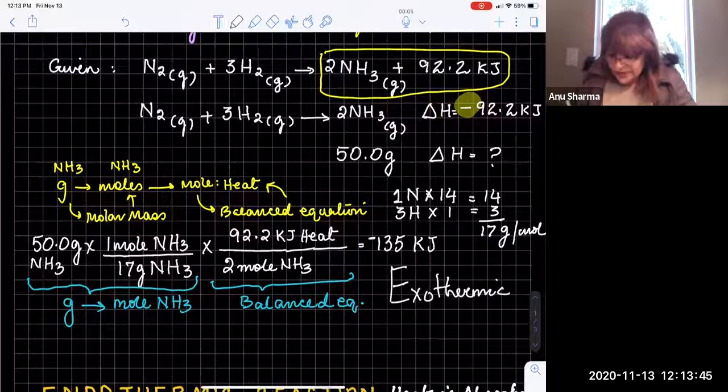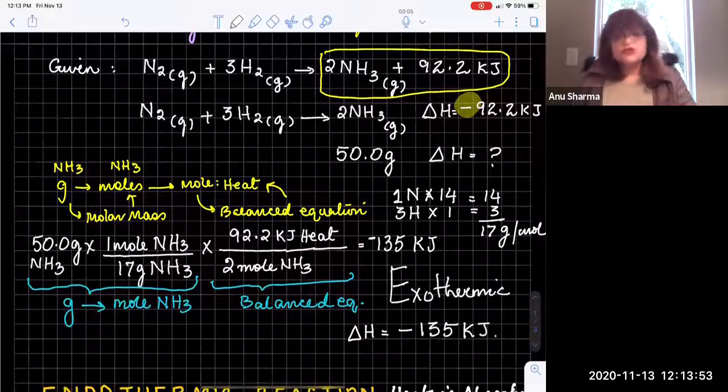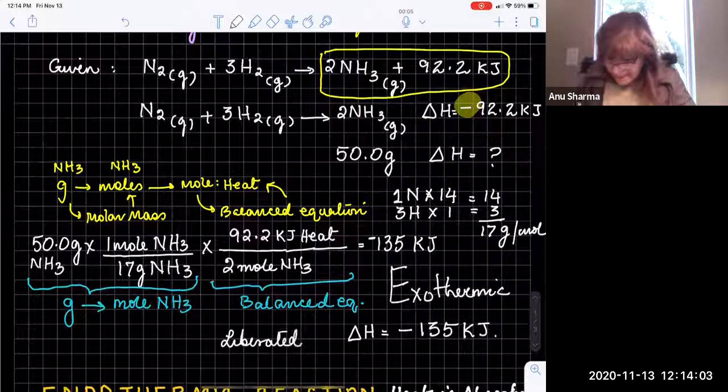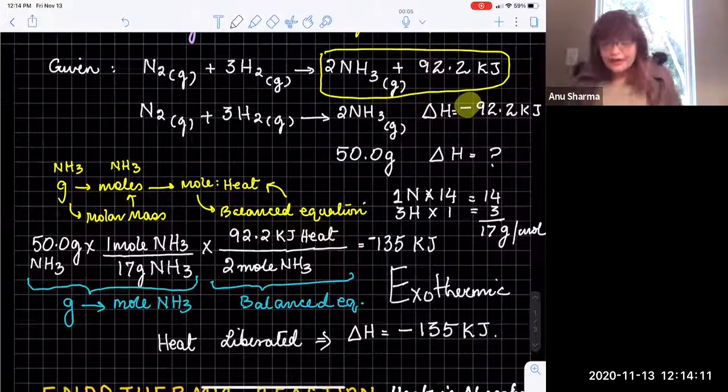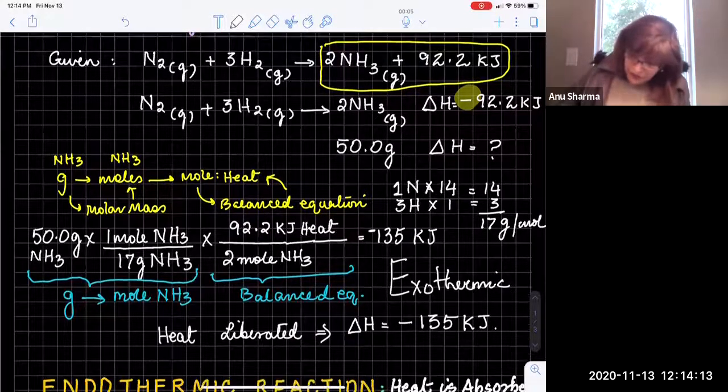For exothermic reactions, the value of delta H is negative, in this case negative 135 kilojoules. So 50 grams of ammonia is going to release 135 kilojoules. Heat is liberated. How much heat is liberated? 135 kilojoules. All right, so this is the exothermic reaction.